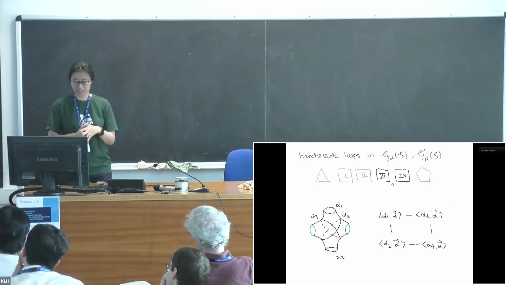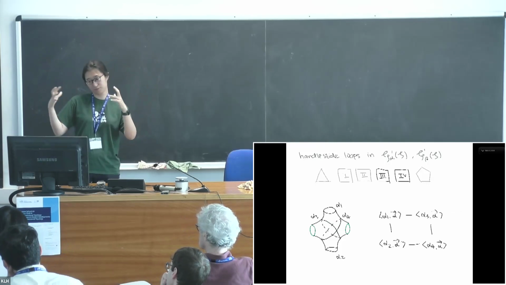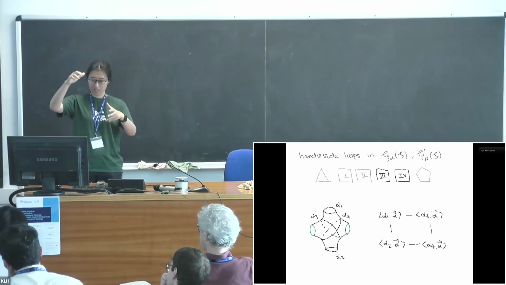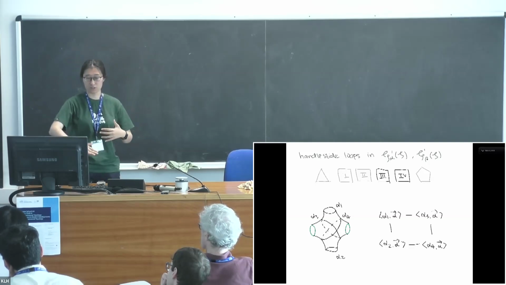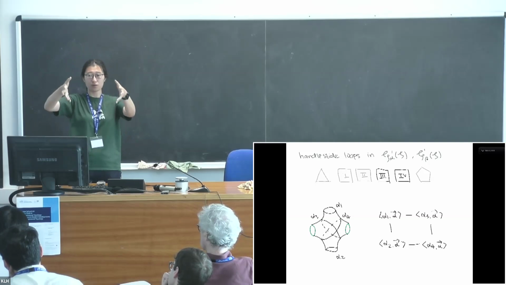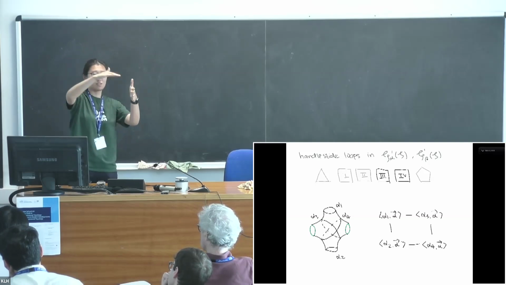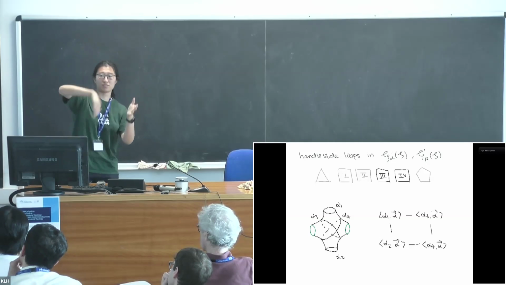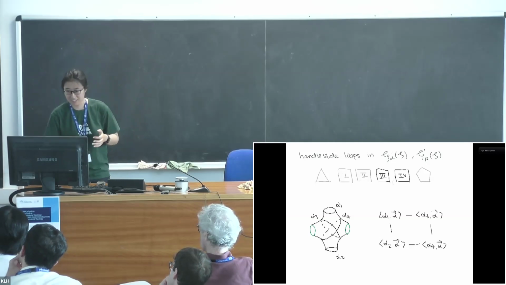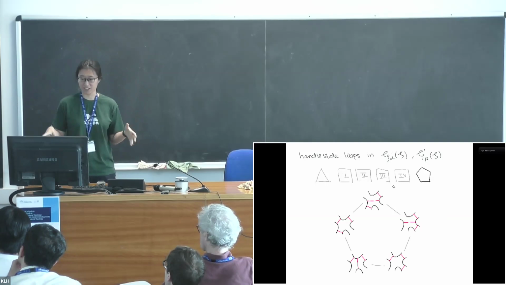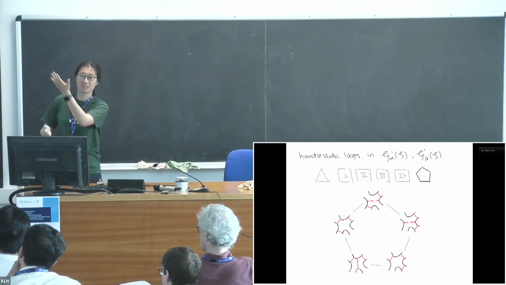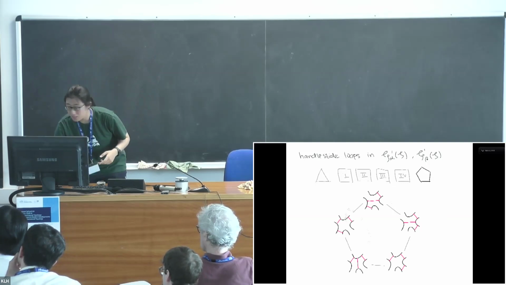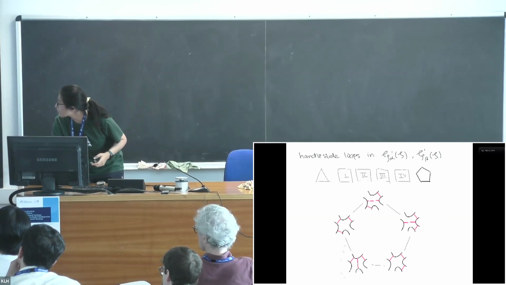The next one is you have a four-punctured sphere, and you're trying to go from the top alpha 1 to the lower alpha 2. So you have two holes in the middle. You want to first do this and do that, or first do this and do that. So you want them to commute. And finally, we have this pentagon where you're trying to go from here to here.